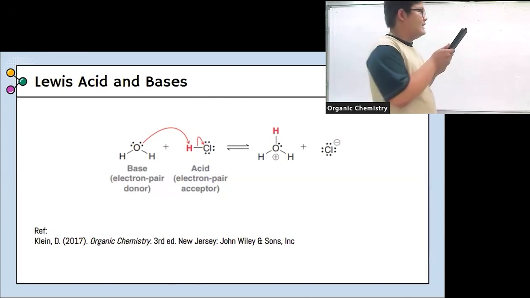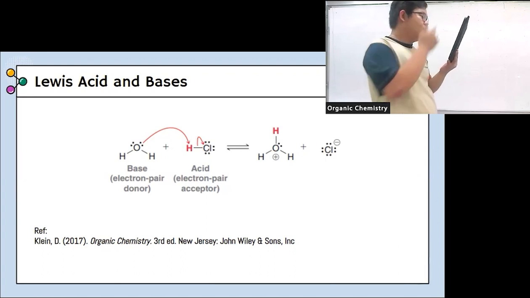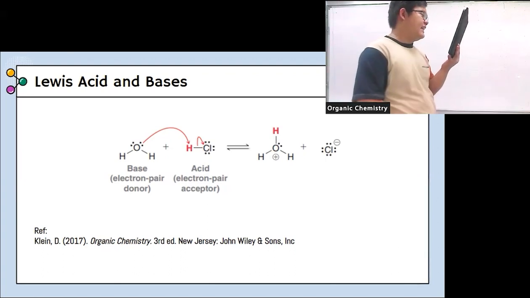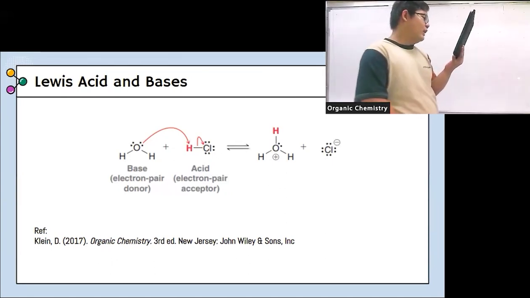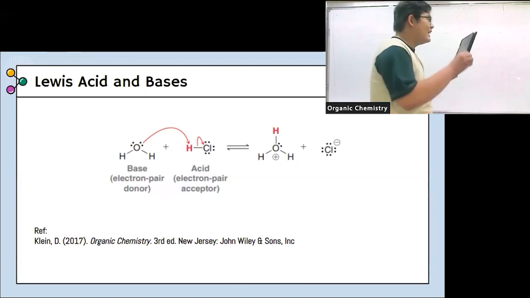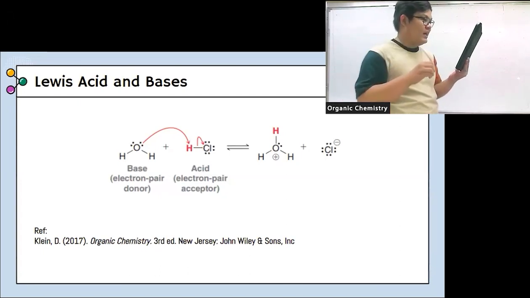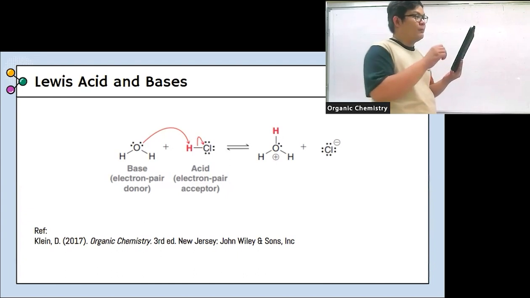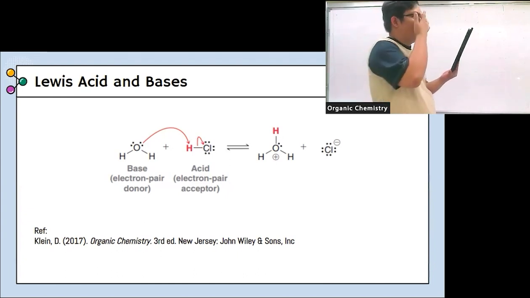Na kanino yung acid? Or sino yung acid dito? Yung hydrochloric acid, kasi nasa kanya yung red na proton, or kaya siya yung mas willing mag-donate ng proton. So yung base, ang sabi natin kanina, kukunin niya yung electron pair. Kukunin niya yung proton from the acid.